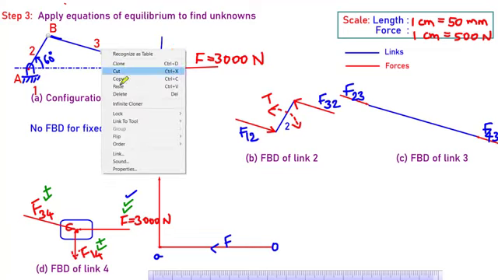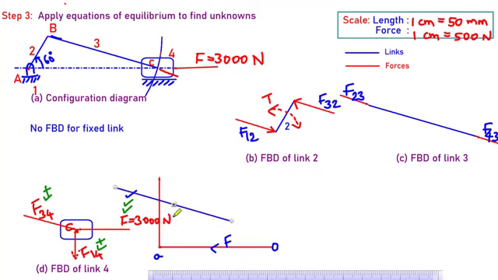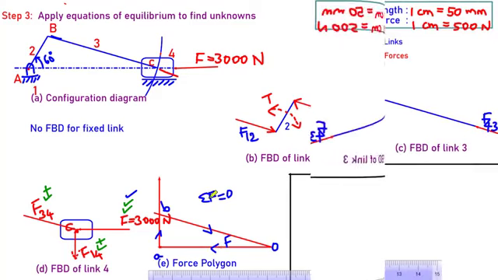That's it, we got that. It intersects here. Now we know the direction of the forces. The polygon must be closed, and hence this must be upward and this must be in this direction. Yes, we got the force polygon.